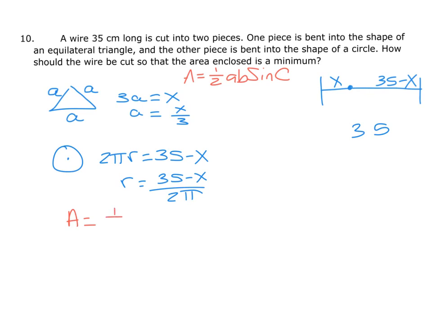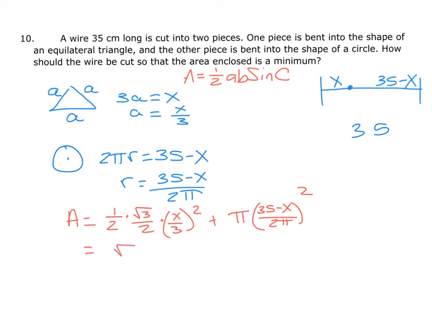So you've got 1/2 root 3 over 2 times a squared, x over 3 squared, plus pi r squared. So those are your areas. So it's a little tricky, I would say. Let's see what we get.